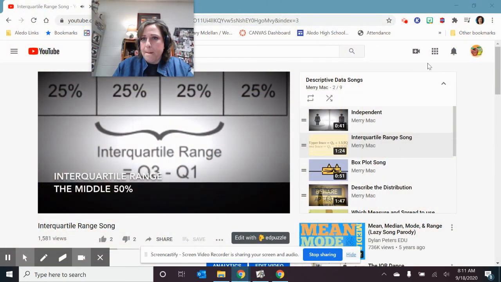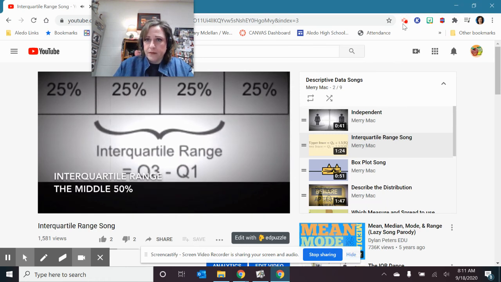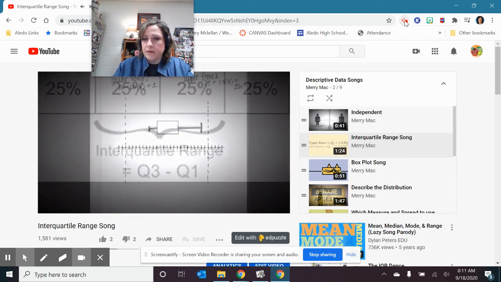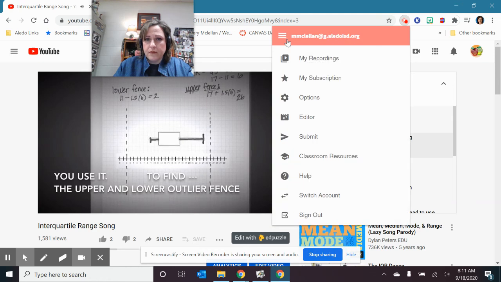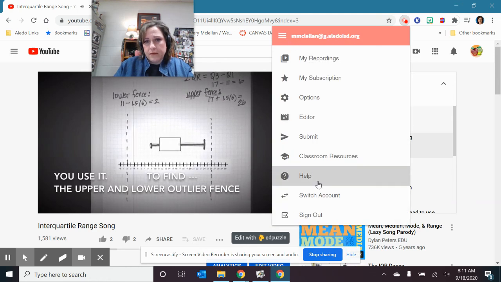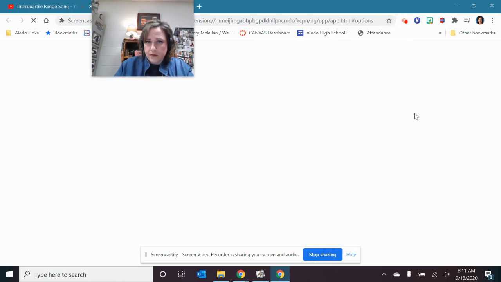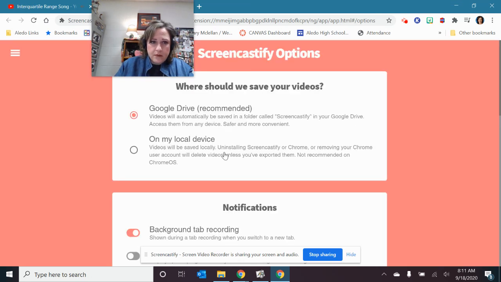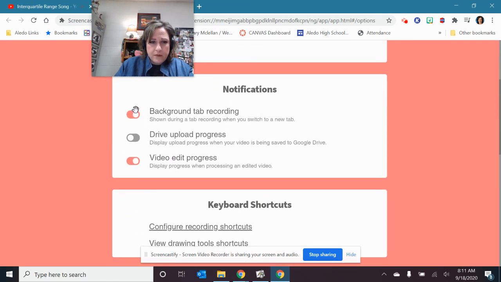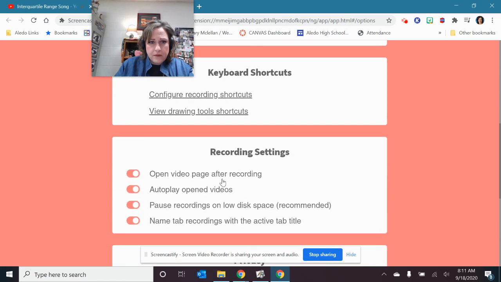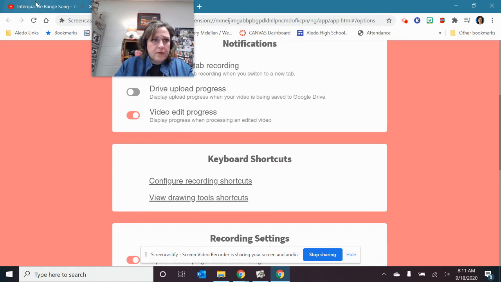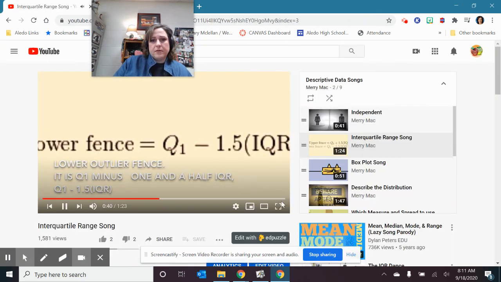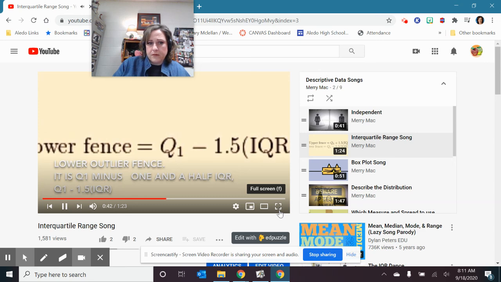Interquartile range, the middle 50%. You use it to find the upper and lower outlier fence. Lower outlier fence, it is Q1 minus 1.5 IQRs.